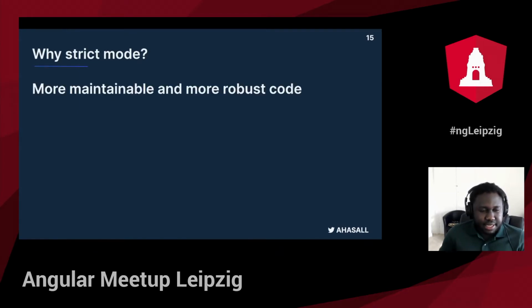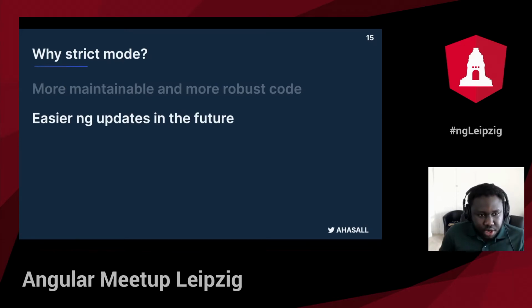Strict mode is a set of settings that will help you write more maintainable and more robust code. With strict mode, you will be able to catch so many bugs while authoring your code. So you don't have to wait at runtime to discover a lot of classes of bugs.